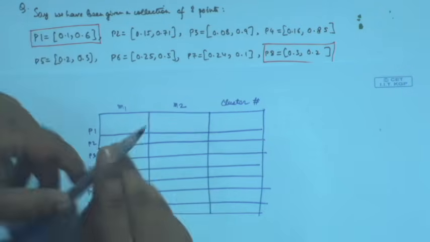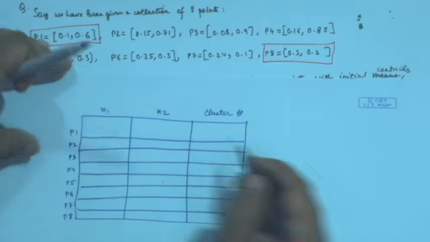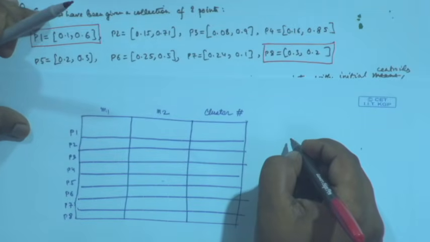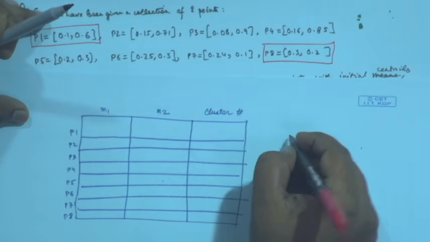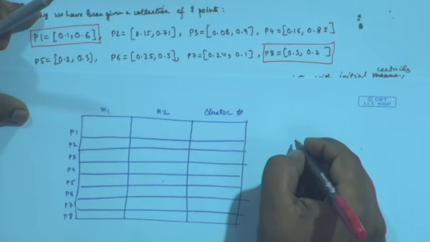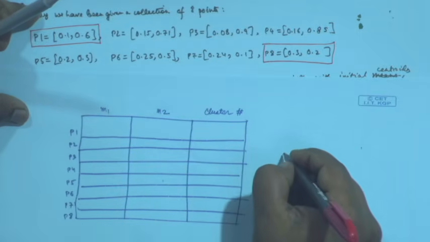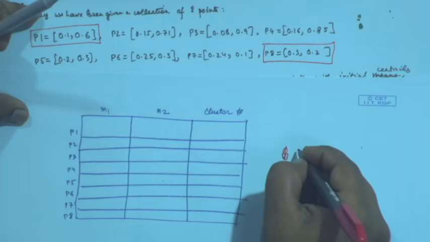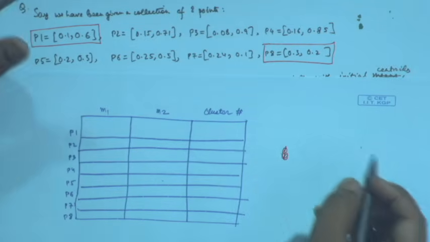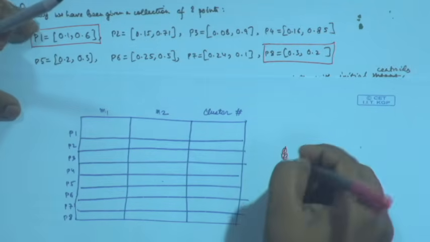So how do you calculate the distance between the 2 points? I am just using the Euclidean distance. The distance between, say, P6 and P1 will be calculated as the square root of, or I will just take, there is no need of taking the square root if you are comparing the squared values directly.